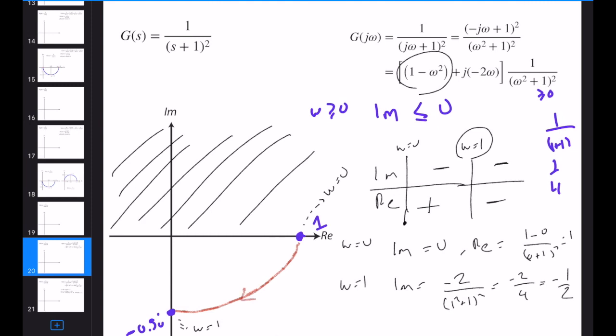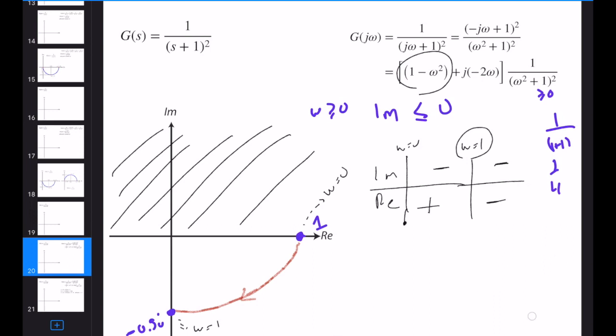Now, let's clean this to have some space, because we have computed it. Omega is going to infinity. What's happening is the imaginary part is going to 0, and the real part is also going to 0. An important thing is, if you look at G of s, it is a low pass filter, so as omega is increasing, the magnitude is decreasing, and it's monotonically decreasing.